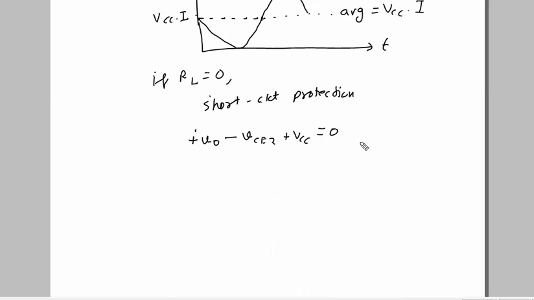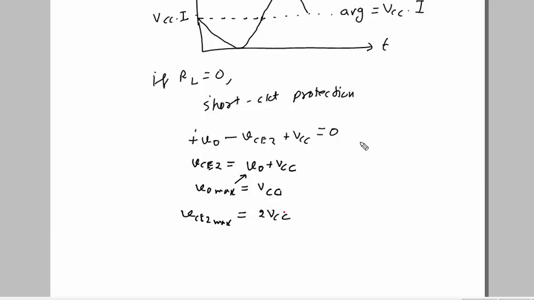From this we can write VCE2 equals V naught plus VCC. Now what is V naught? V naught max we have already seen is VCC. So if we put V naught max here, VCE2 max is VCC plus VCC, which means 2 VCC.